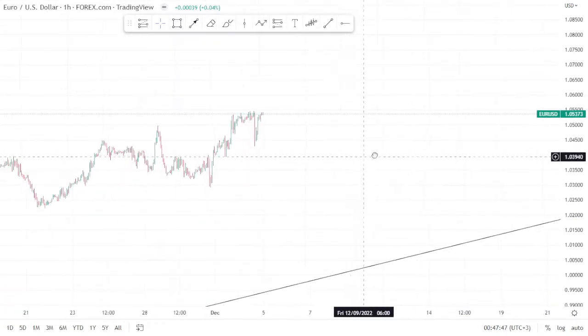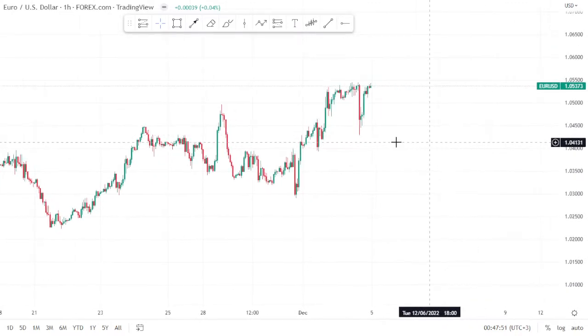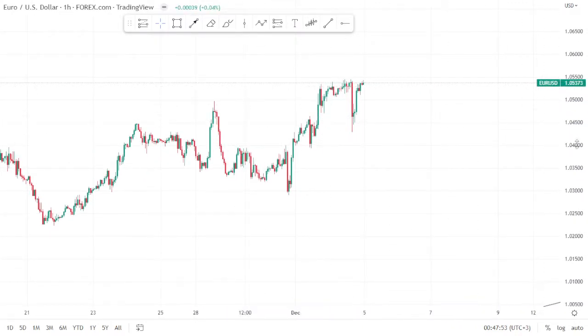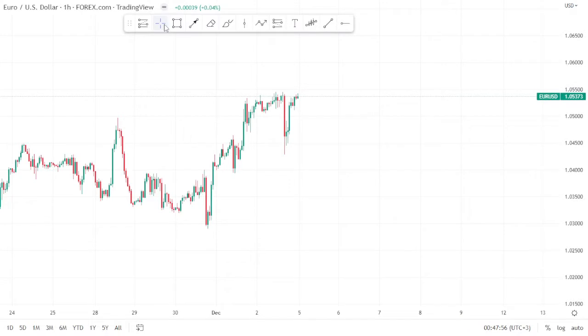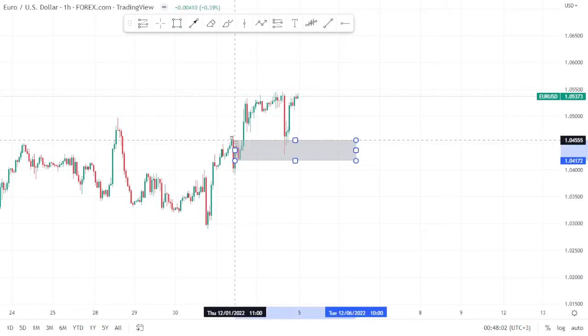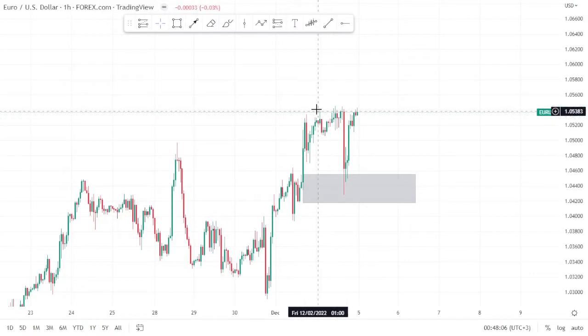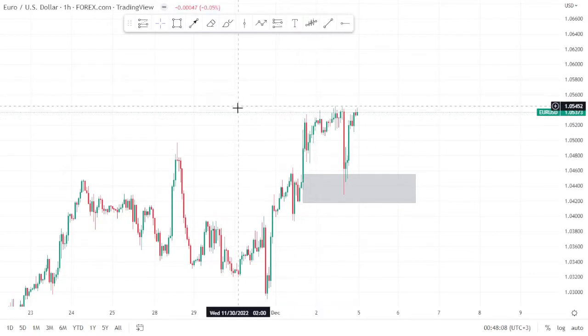Let's say I want to involve myself here. If I trail the market, I can see that the market for the meantime is respecting this demand zone, which is here. So probably the market wants to continue going up, you understand?